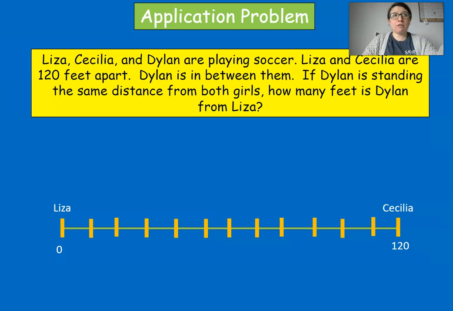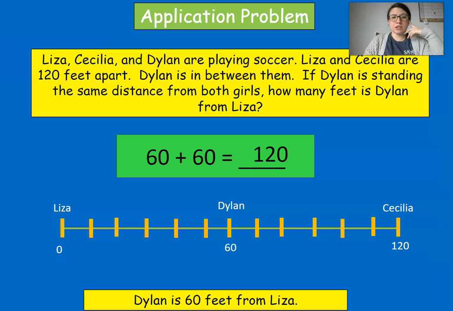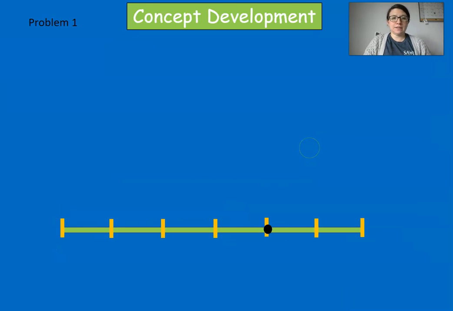And half of 12, halfway from 0 to 12, 12 makes a double, so that's 6. So halfway in between could be 60. So Dylan is 60 feet between Cecilia and Liza. 60 plus 60 equals 120. That's a way to check that. So Dylan is 60 feet from Liza, and he's 60 feet from Cecilia.